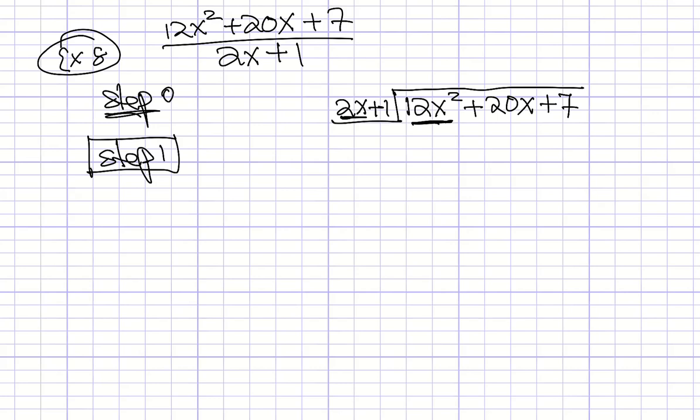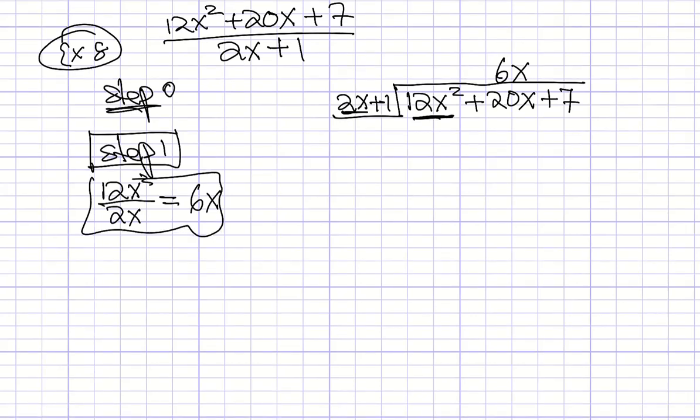Those are the things we're gonna work with. So we say 12x squared divided by the leading term of the divisor, which is 2x. You do that, you get 6x. So you put 6x here. Alright. Then you say, you got that right there.